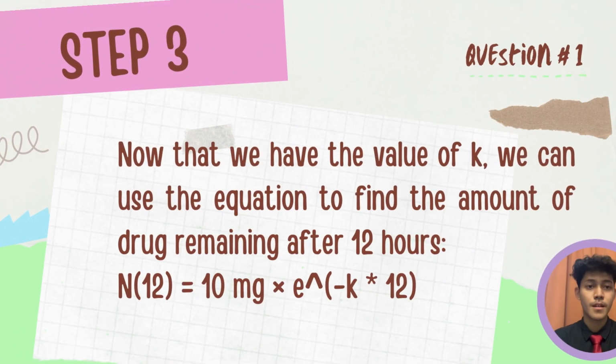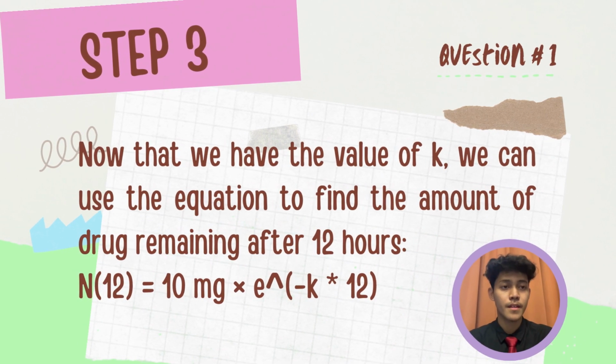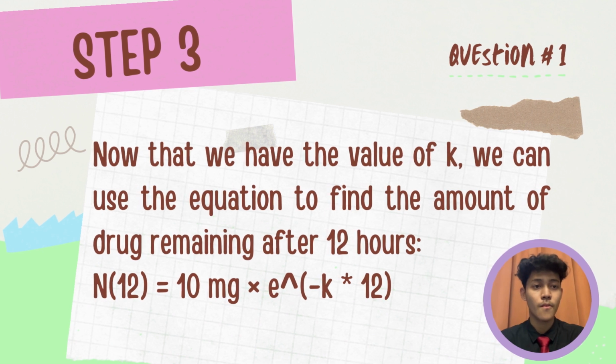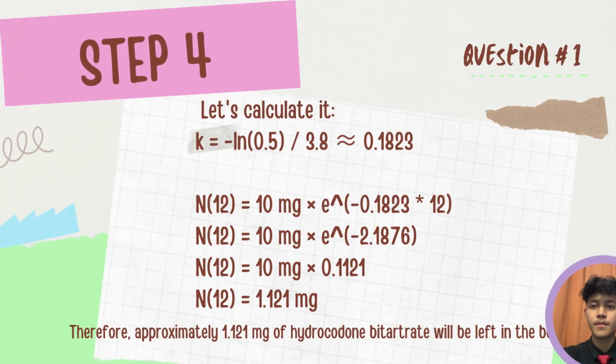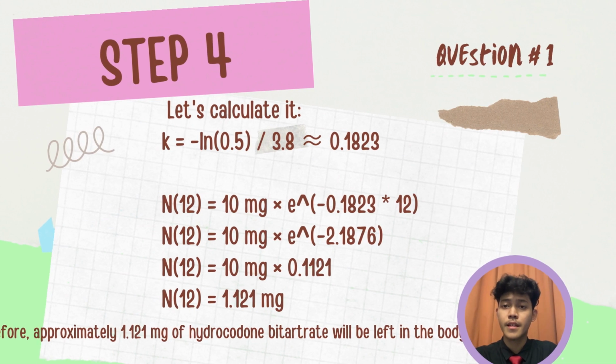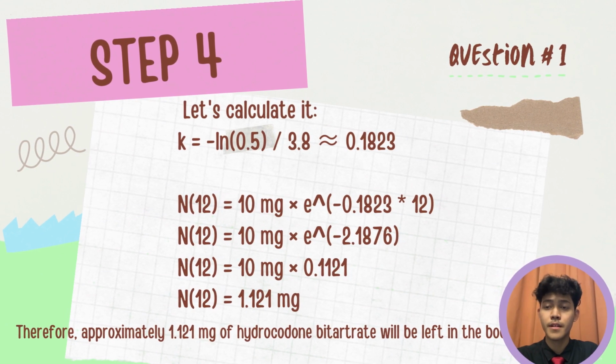Now we go to step 3. Now that we have the value of k, we can use the equation to find the amount of drug remaining after 12 hours. N12 equals 10 mg times e to the power of negative k times 12. Step 4. For the calculation, we get k equals negative ln 0.5 over 3.8, which is 0.1823.